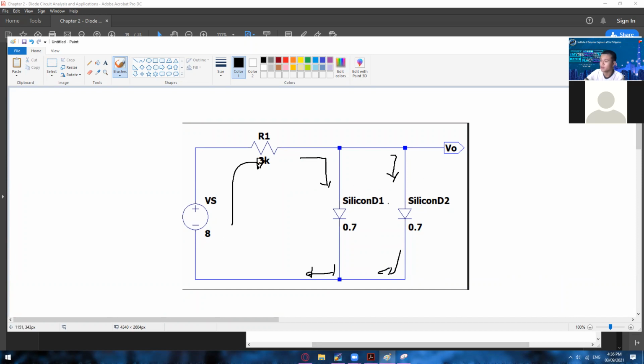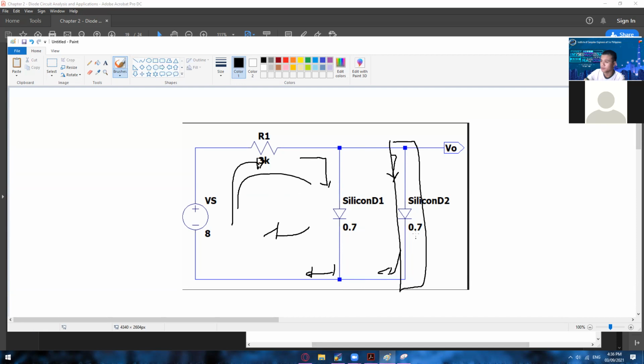Up to this point, we don't have a voltage drop across this path. So that is why your only voltage reading is 0.7 volts, because this path has a voltage powered by the silicon D2, which is 0.7 volts. In other words, we have a closed loop, and we just have a loop of voltage here.